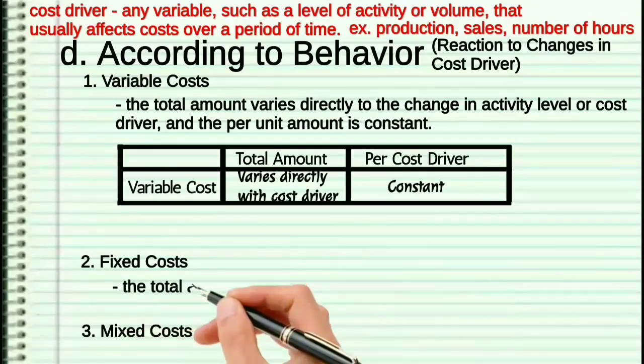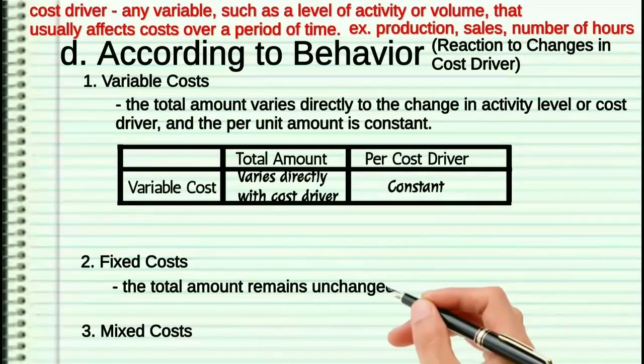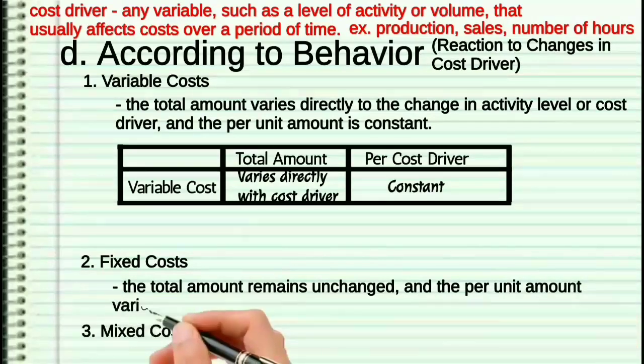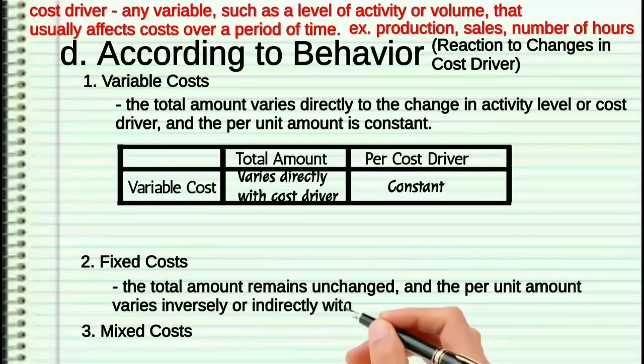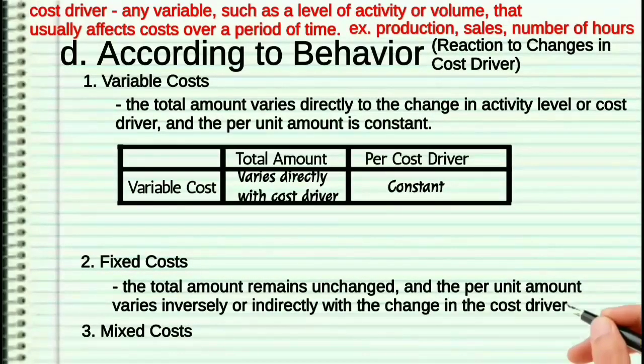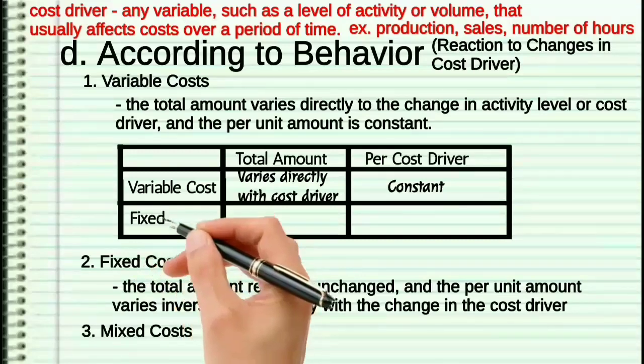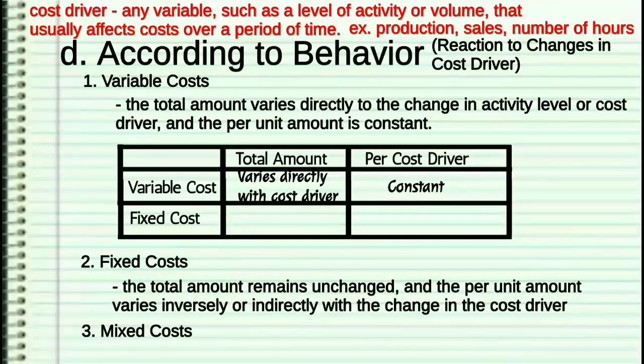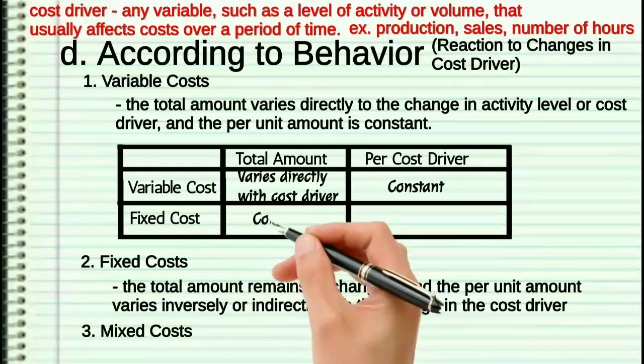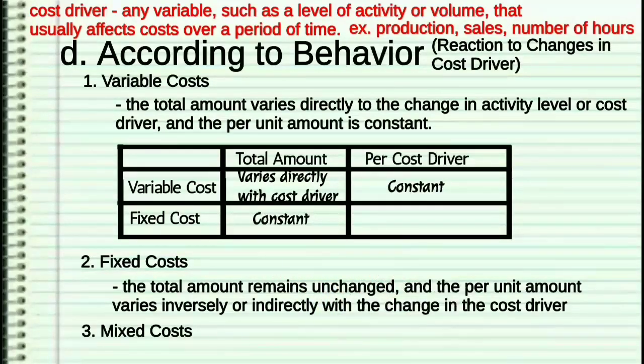Ang ibig sabihin ng fixed cost, the total amount remains unchanged and the per unit amount varies inversely or indirectly with the change in the cost driver. Para mas madali nyo siyang maintindihan, let us tabulate. Kung ang pinag-uusapan is total fixed cost, regardless of the change in the cost driver, constant ang total fixed cost.